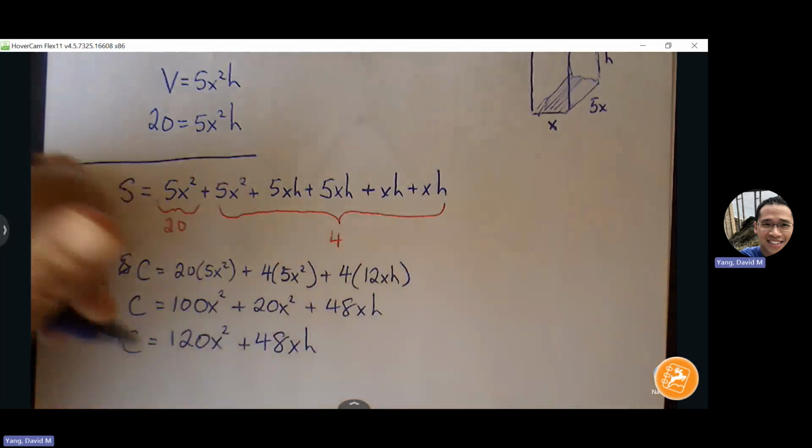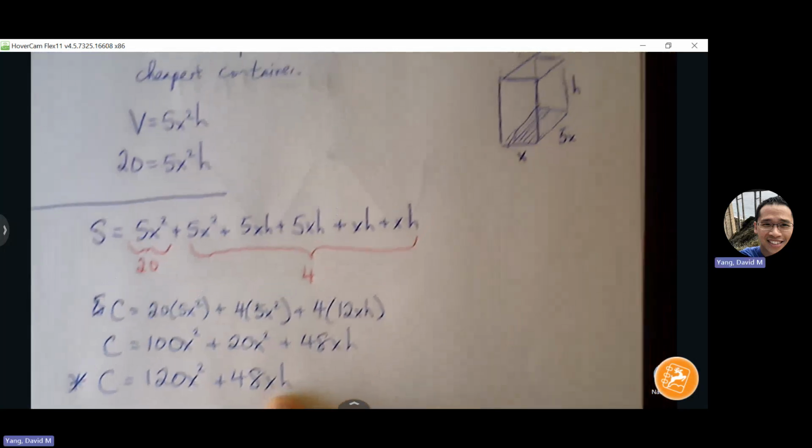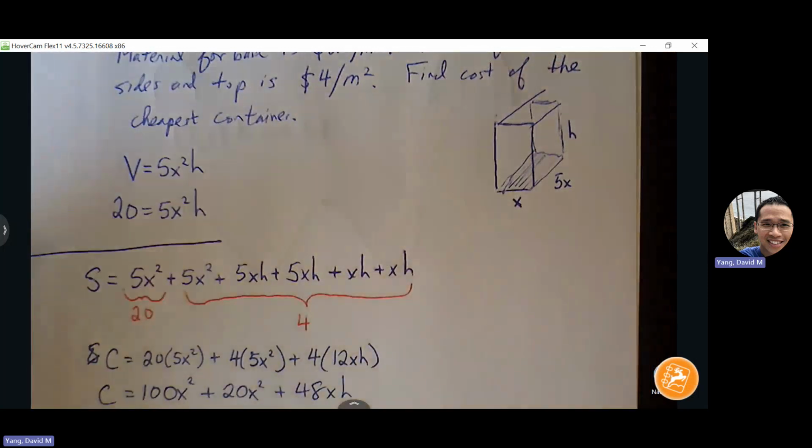I do want to find the derivative for cost, but am I ready for that? No, you gotta do height first. Yeah, I need to find height, and height's going to come from my volume equation.